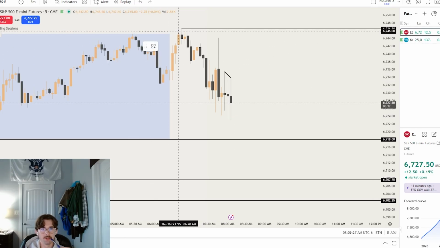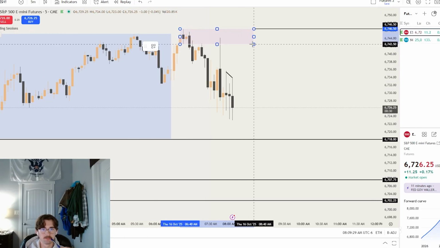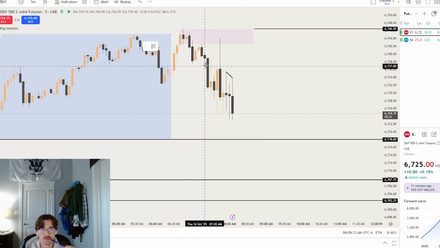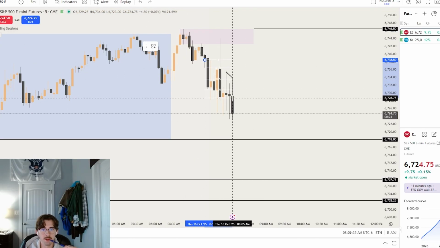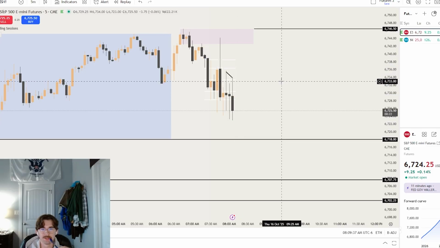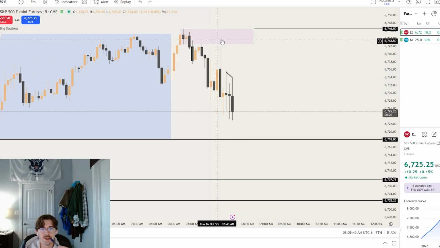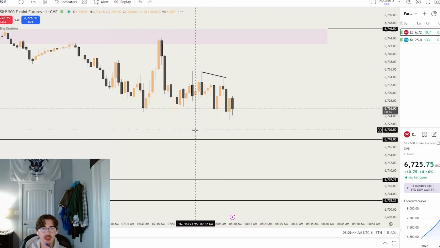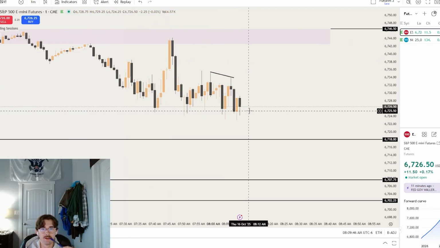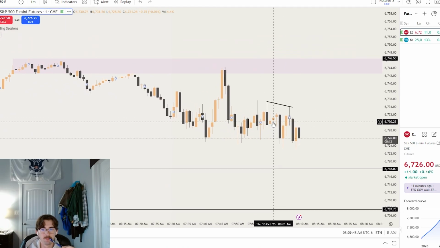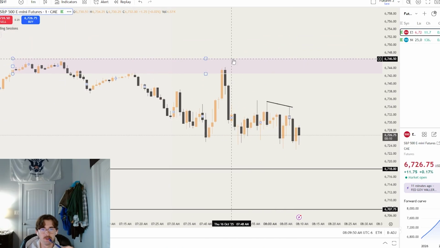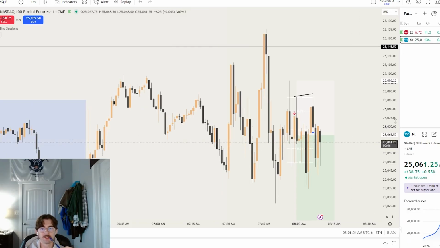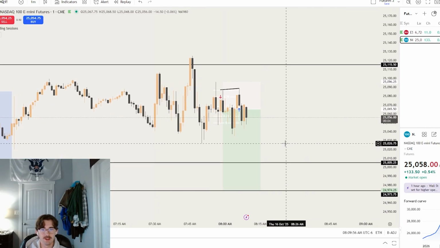I suppose this would have been the setup right here if we would have fibbed right here. We never quite exited out of this order flow. So this is just frustrating.